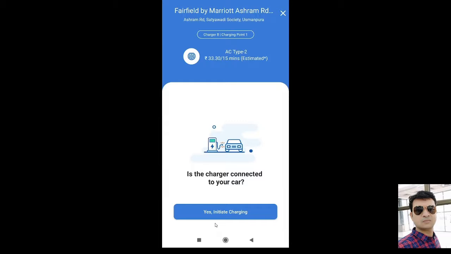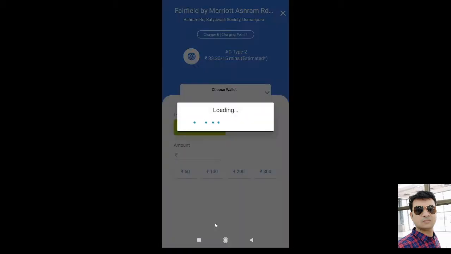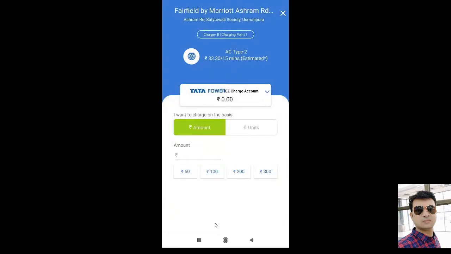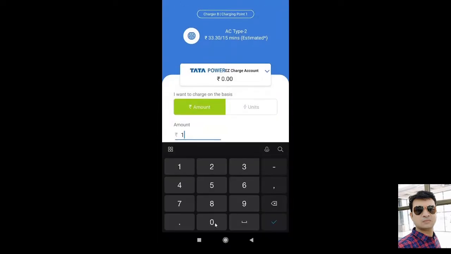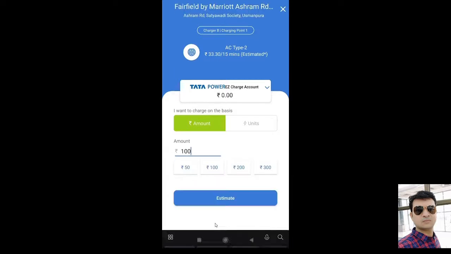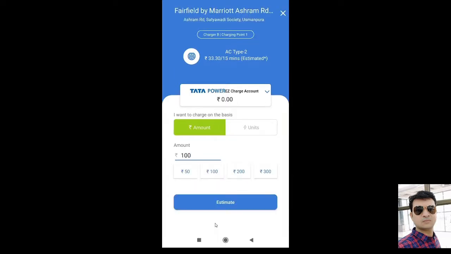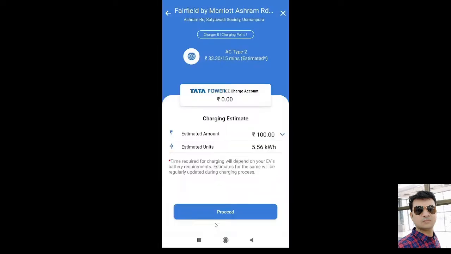After connecting the charger in your car, click yes, initial charging, and then final amount rupees 100, and this one is 100 rupees estimate. These are the estimated amount and estimated units, that is 5.56 kilowatt hour, and then proceed.